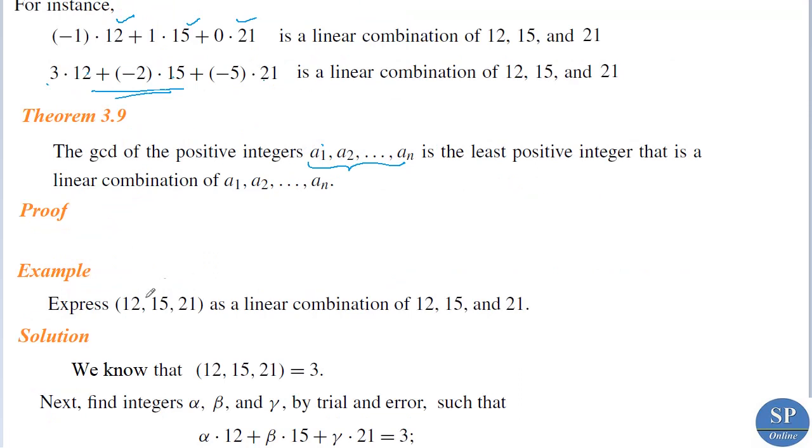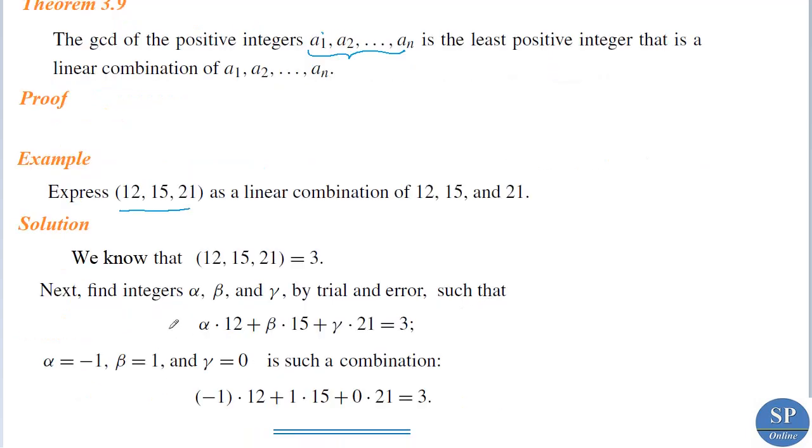Now for example, express the GCD of 12, 15 and 21 as a linear combination of 12, 15 and 21. We know the GCD of 12, 15 and 21 is equal to 3. So we have to express the GCD of these numbers as a linear combination of 12, 15 and 21. That means here GCD is 3. So we have to express 3 as a linear combination of 12, 15 and 21.